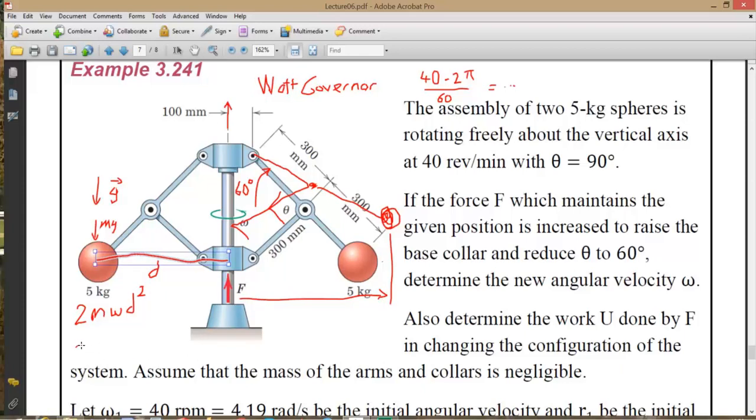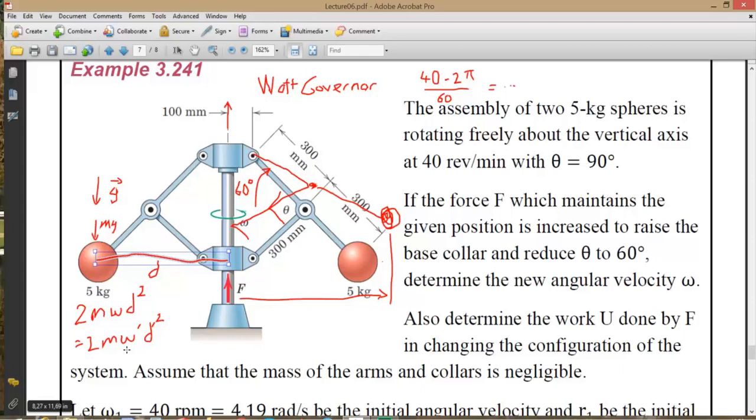We can say that this is equal to 2 times m, now there is a new omega, so let's call it omega prime, times d prime squared.